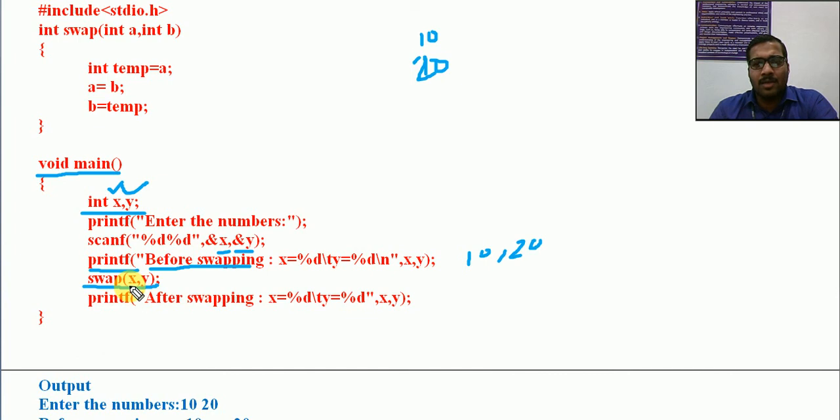This is actually passed by value. We are passing the values 10 and 20 to be processed within the function. So while making this call, it will go and search for the location where the function swap is defined. The call will go to this particular location.